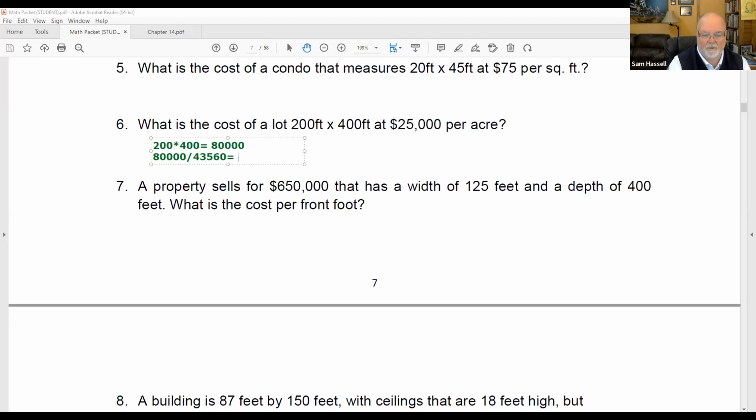43,560 gives us, technically, 1.8367 on and on. And if we multiplied that by 25,000, it's going to come to roughly $45,913 and change, 68 cents.